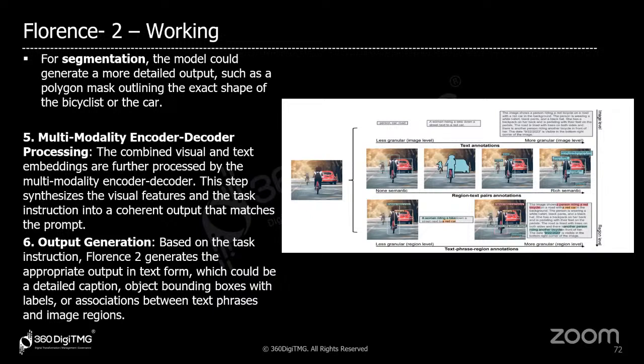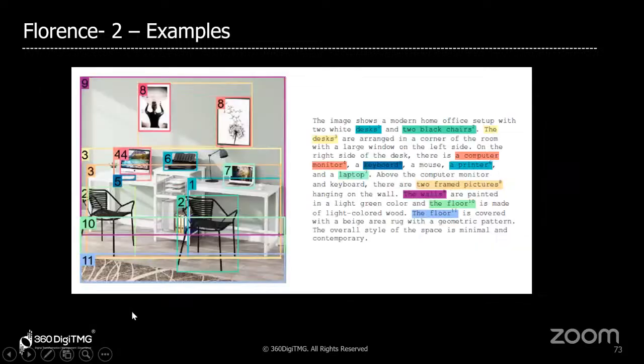Based on the task instructions, Florence 2 will generate the appropriate outputs in text form, which could be a detailed caption, or object bounding boxes with labels as well. See here, object bounding boxes with some labels. It can be like this also, or associations between the text phrases and the image regions. So as we can see in the Florence 2 examples, the image shows a model home office set up with two wide desks.